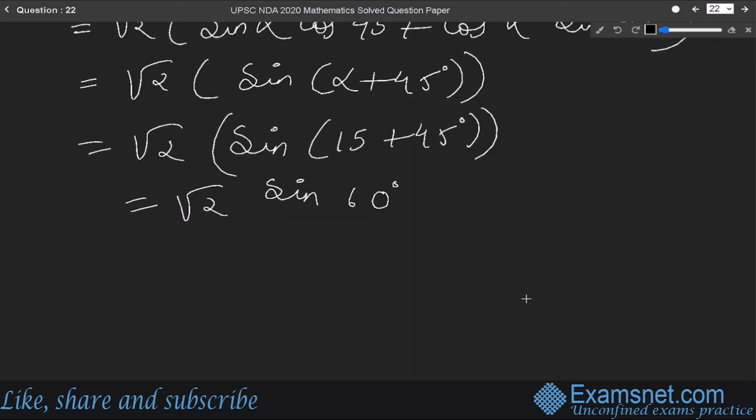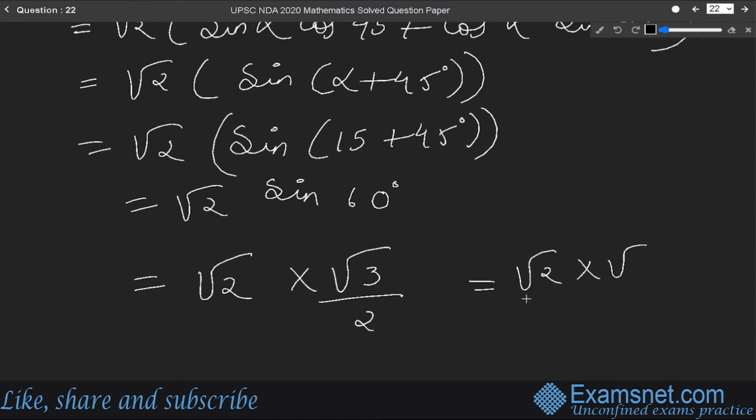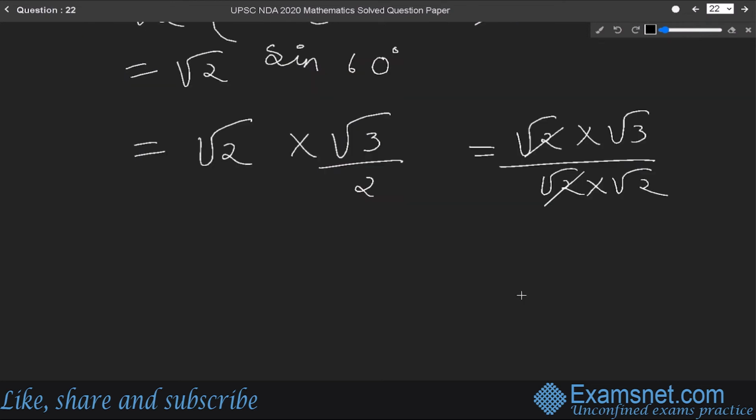Can you tell me what is the value of sine 60? The value of sine 60 is root 3 by 2. So it can be written as root 2 into root 3 upon root 2 into root 2. So this root 2 and root 2 will be cancelled, and the answer will be root 3 by root 2.